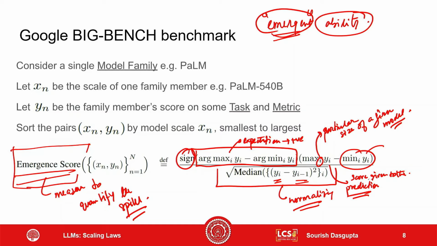That's not the meaning. The meaning of emergence, in very loose words, is what we were calling a spike. So it's not that the ability is not there in the smaller models. It's just that you are suddenly getting this abrupt jump in terms of the accuracy. That's what we mean by emergent. So don't think that emergent would always necessarily mean that the capability was completely absent in the smaller models and then suddenly you are getting to see something. That's not the point.